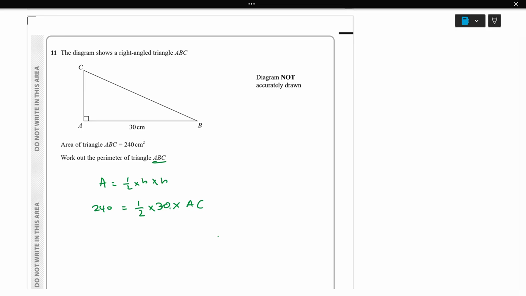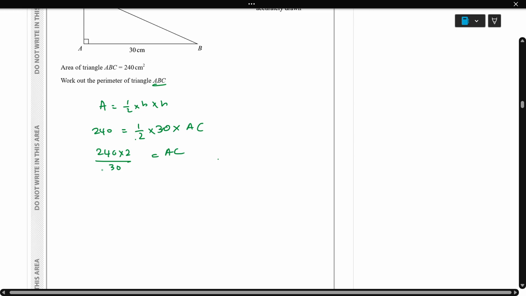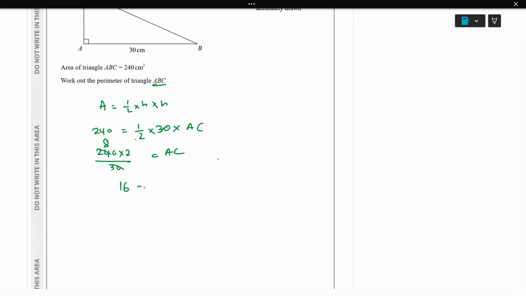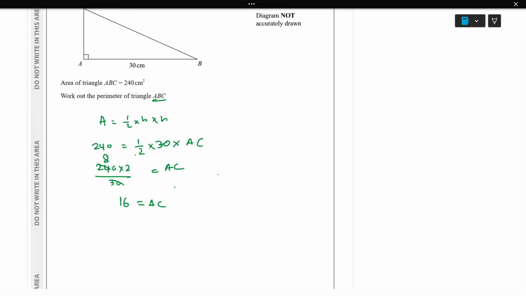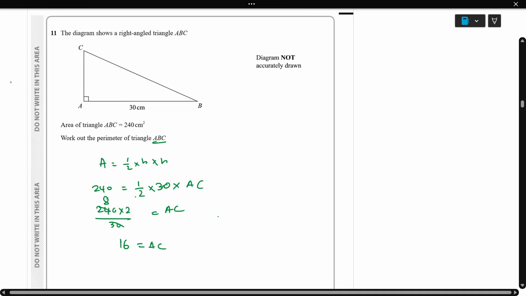So next, I'll bring the 2 here, so 240 times 2 divided by 30 is equal to AC. And now this is going to be 8, so 16 equals AC. So we got 16 here.